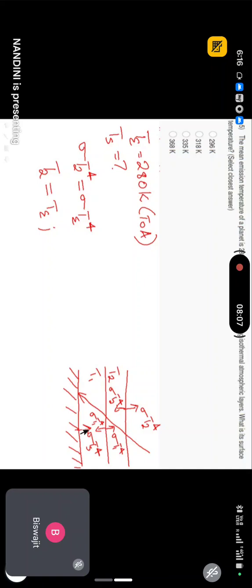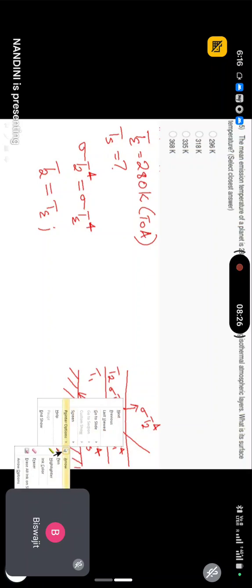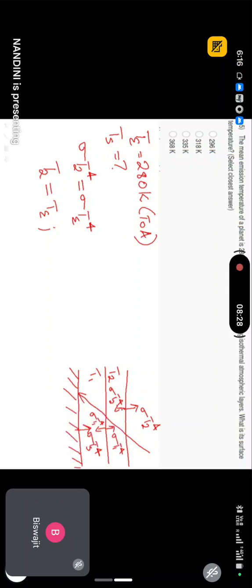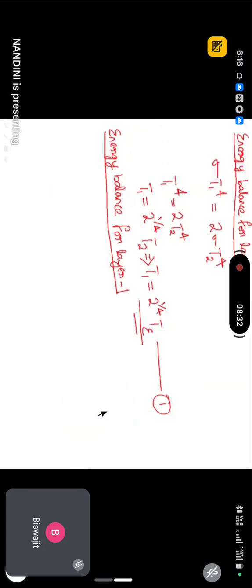And the second one is sigma T2 raised to 4, which is being emitted from the second layer. So two incoming radiation is there.